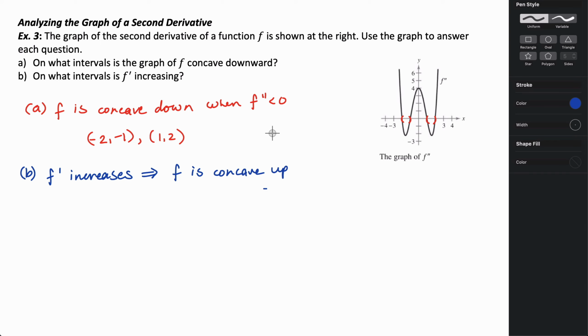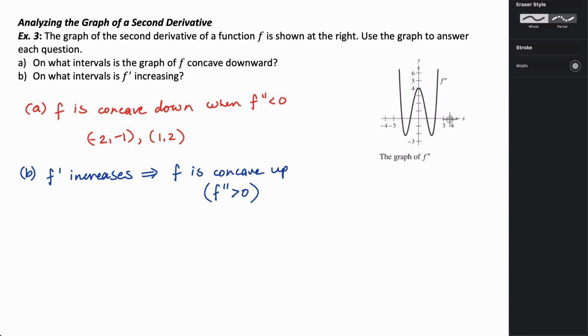And f is concave up when the second derivative is positive by the test for concavity. So when f prime is increasing, by definition, that tells us that f is concave up, and through the test for concavity, that happens when the second derivative is positive.